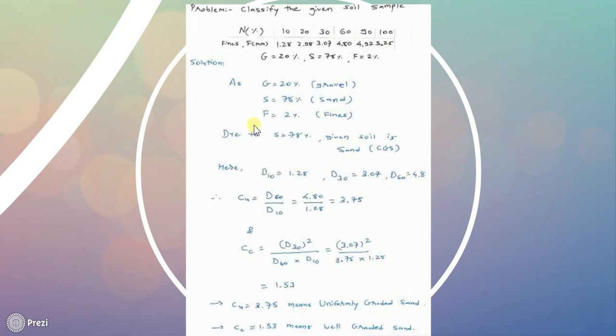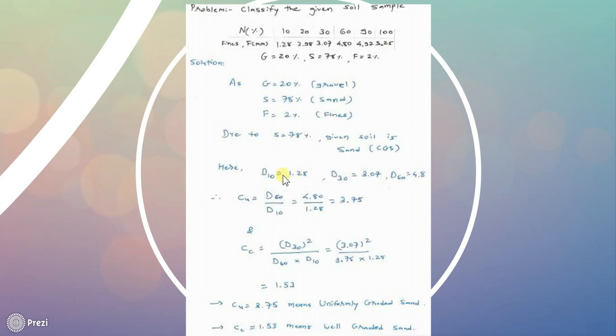Now we should understand the values of D10, D30 and D60. D10 means the particle size such that 10% of the soil is finer than this size, and D30 and D60 similarly mean the particle size such that 30% and 60% of the soil is finer than that size.